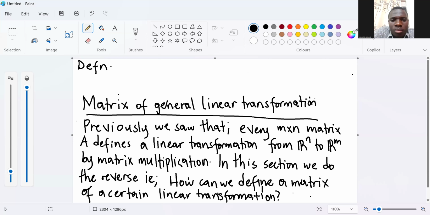Definition. What does this definition say?